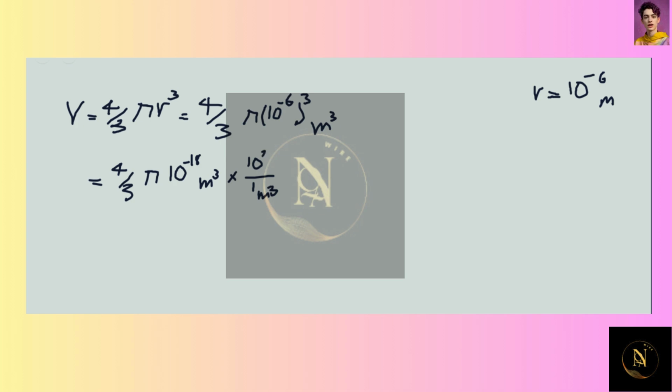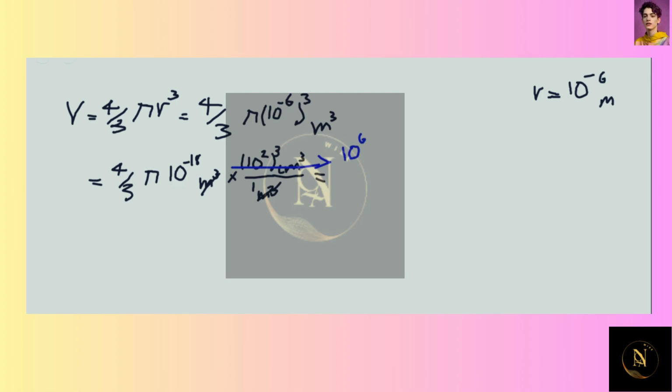So I have 10 to the 2 for centimeters, and then I need to cube that to get centimeters cubed. As we did before, we can cross out the meters cubed, and then this is just going to be 10 to the 6.